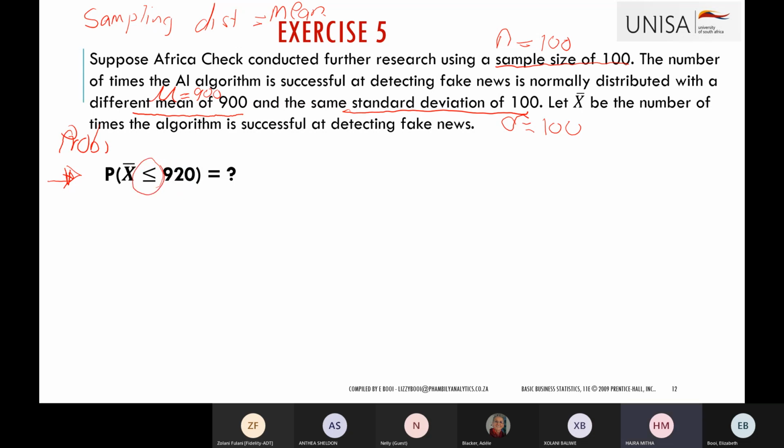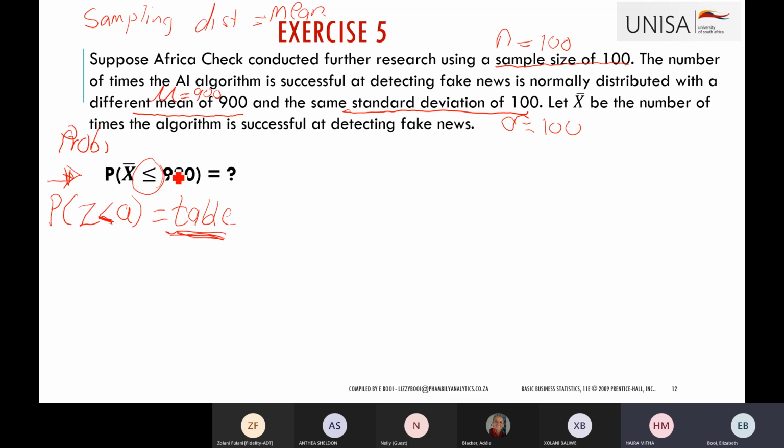I'm a bit confused with that. So we know that when we find the probability of a less than, when we go to the table, the value we find on the table will be that probability we are looking for. The answer will just be that value we find on the table.